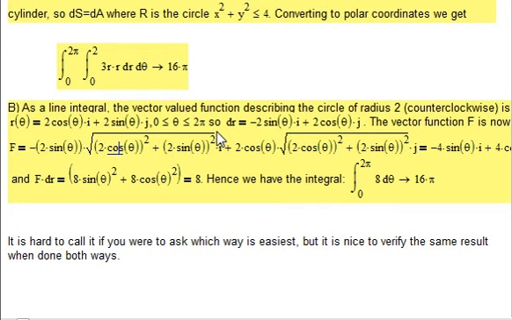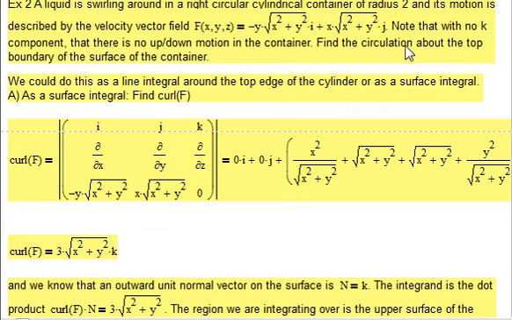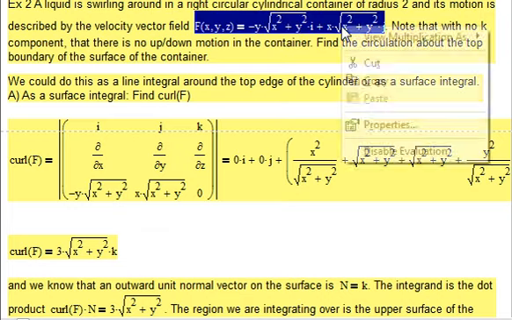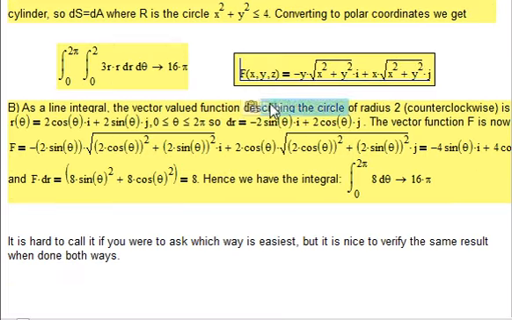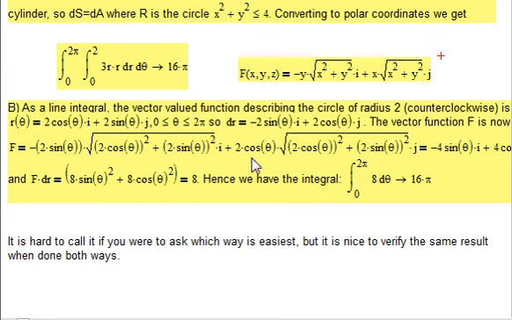We could put in 2 cosine theta squared plus 2 sine theta squared. That would work for everyone, I think. And then plus x times the square root of x squared plus y squared j.